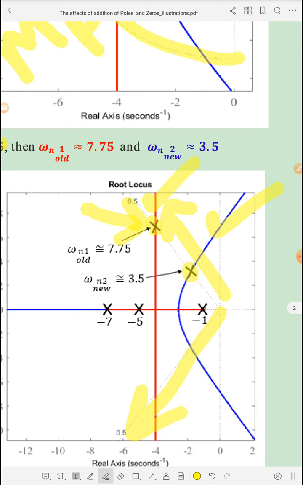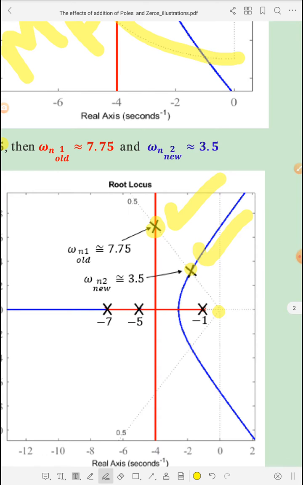So this is omega n. Here it's omega n old, and here it's omega n new, because omega n is the radial distance between the origin and the desired location. It's a circle, as I have mentioned. So here we notice that omega n new is less than omega n old.